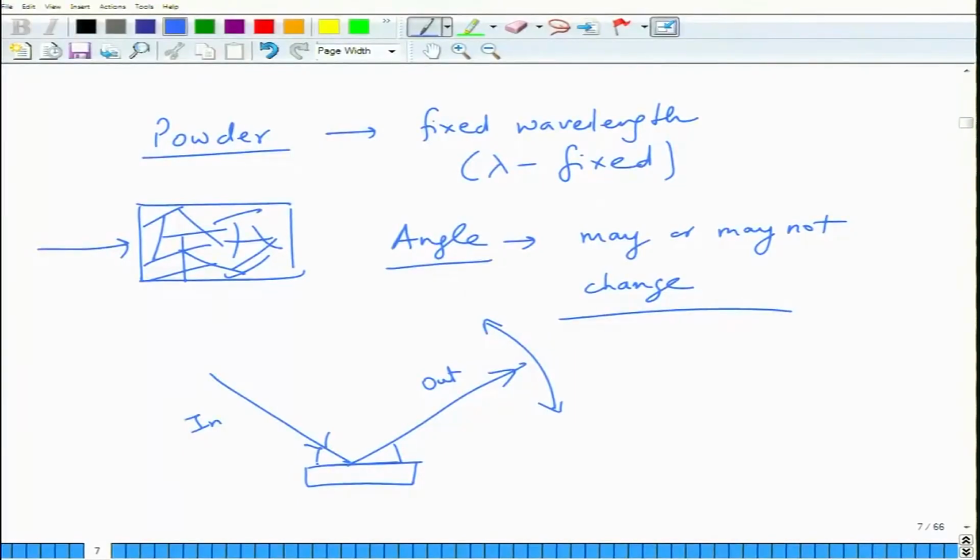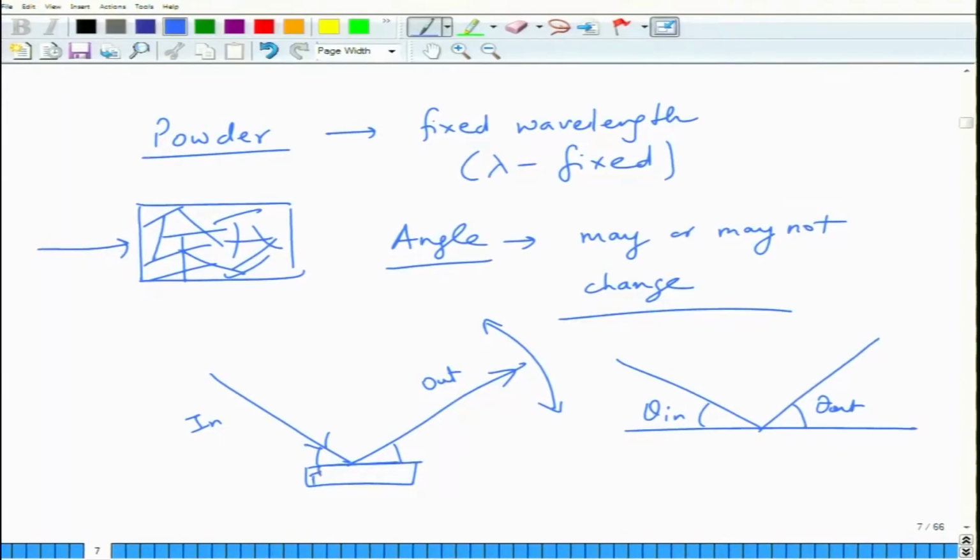Because you need to satisfy this 2 theta geometry. Remember, for diffraction to occur, for a given plane, theta in and theta out must be equal. If this geometry is not maintained, then you will not get diffraction, all right.